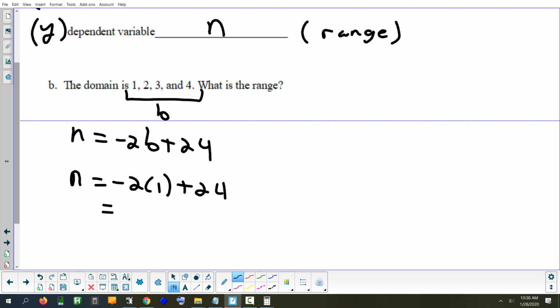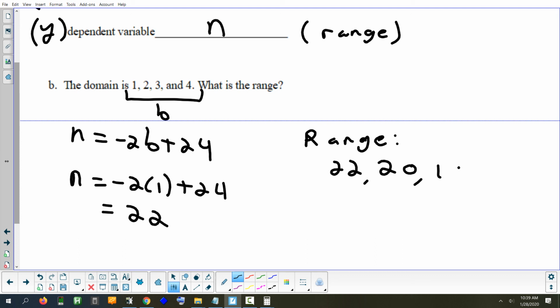Plus 24? 22. So in your range, that's the first number. If you make 1 breakfast sandwich, you'll have 22. Now you have to plug in each one to get the other three. It'll be 20, 18, and 16.